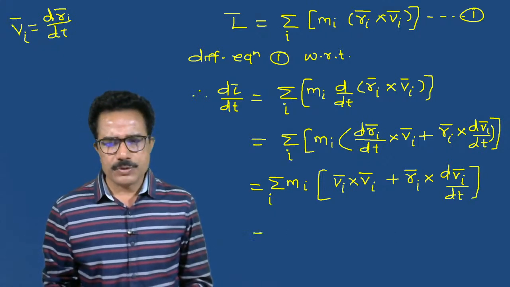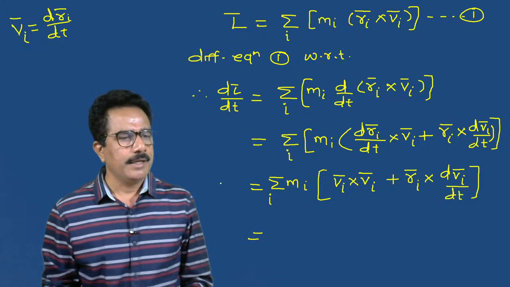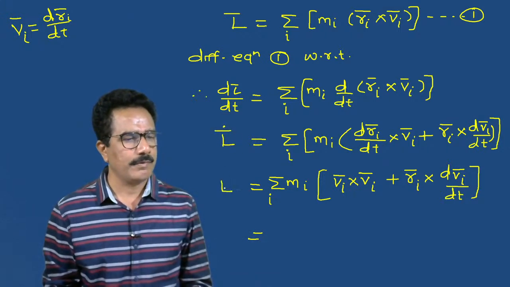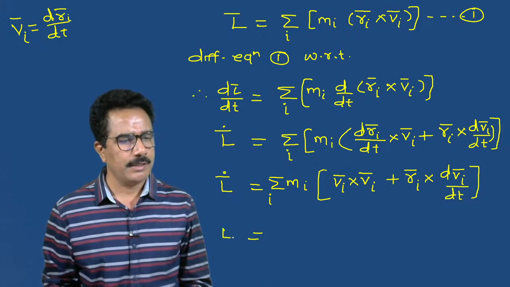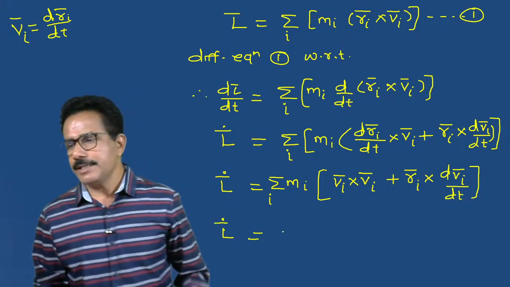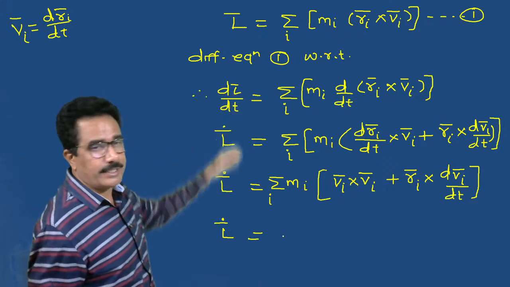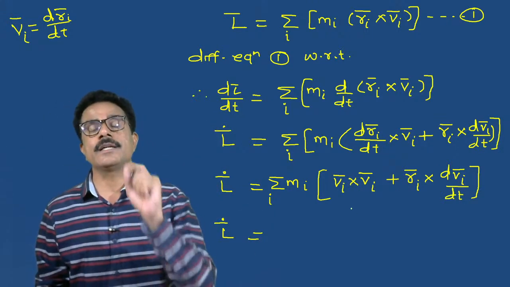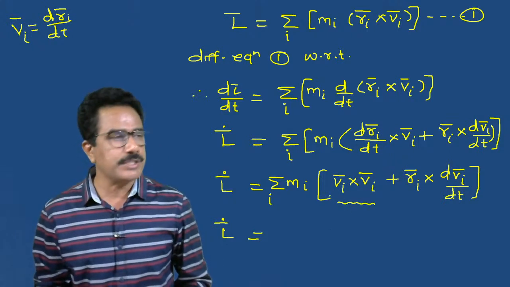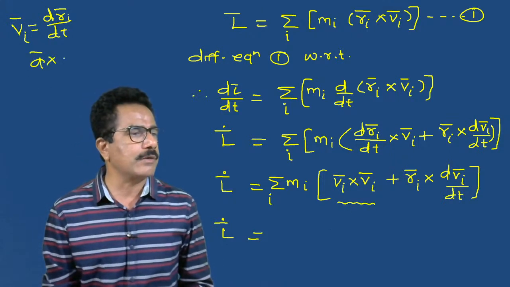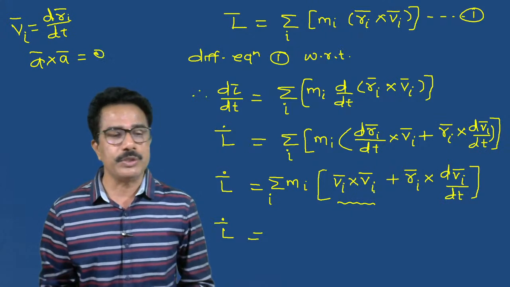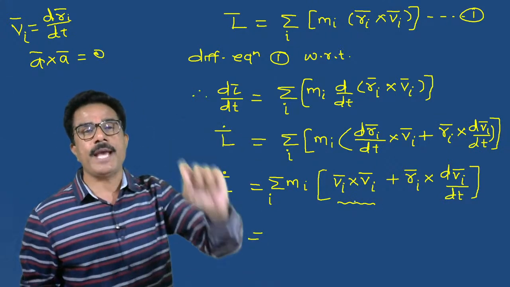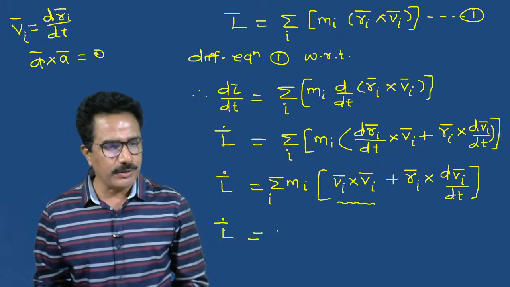Okay, so we can write this as L bar dot. If there is any doubt anywhere, ask, and remember, if you face any difficulty, ask. Now you know that the cross product of a vector with itself is 0. That means a bar cross a bar is equal to 0. In this way, the cross product of vi bar cross vi bar is 0.